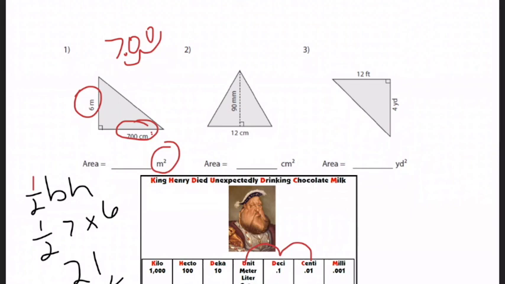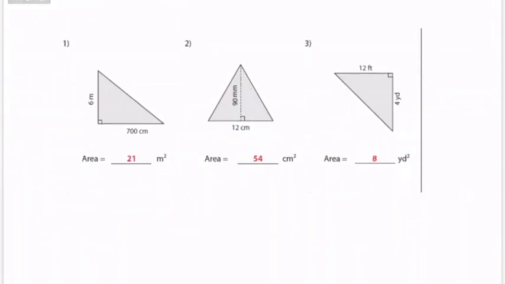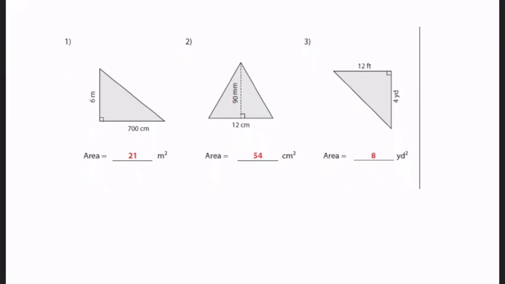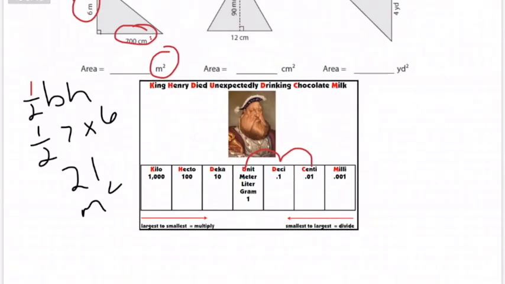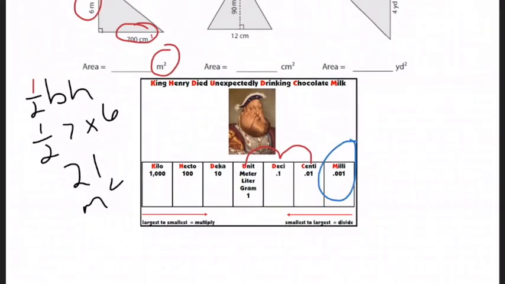Pause and then hit play. Okay, so let's look at number 2 and 3. Number 2 is 54, because we want centimeters. So what you would do is convert 90 millimeters into centimeters. If you have millimeters and want to get to centimeters, we go to the left once.